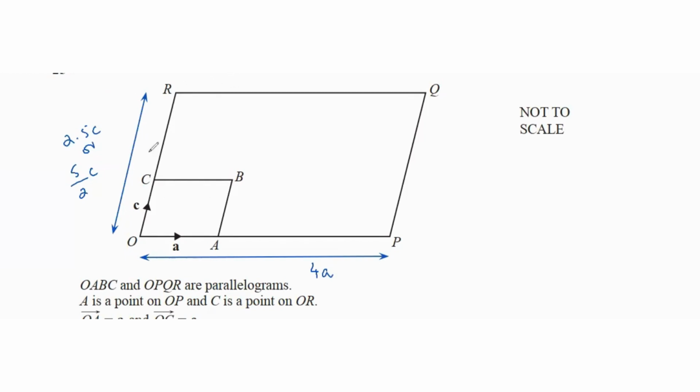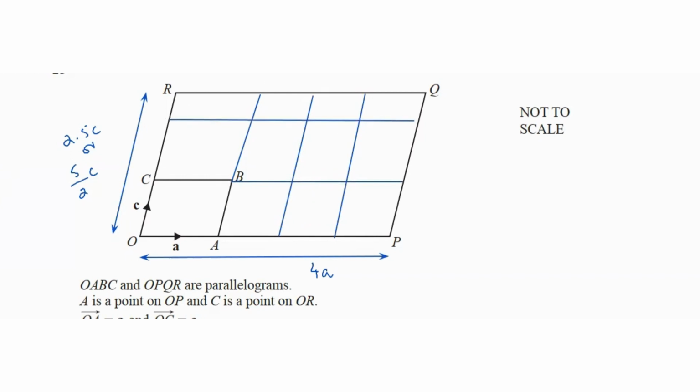So if we divide the entire parallelogram into boxes, just to get a better idea of what the area is going to be, divide these into 4 columns, and we divide these into 2.5 rows. Okay. This is going to be first box, second box, third box, fourth, fifth, sixth, seventh, eighth.